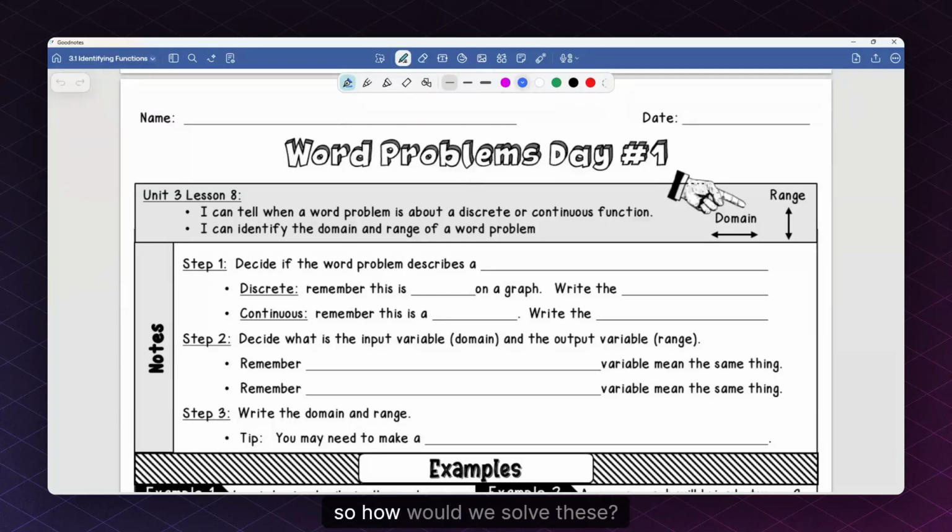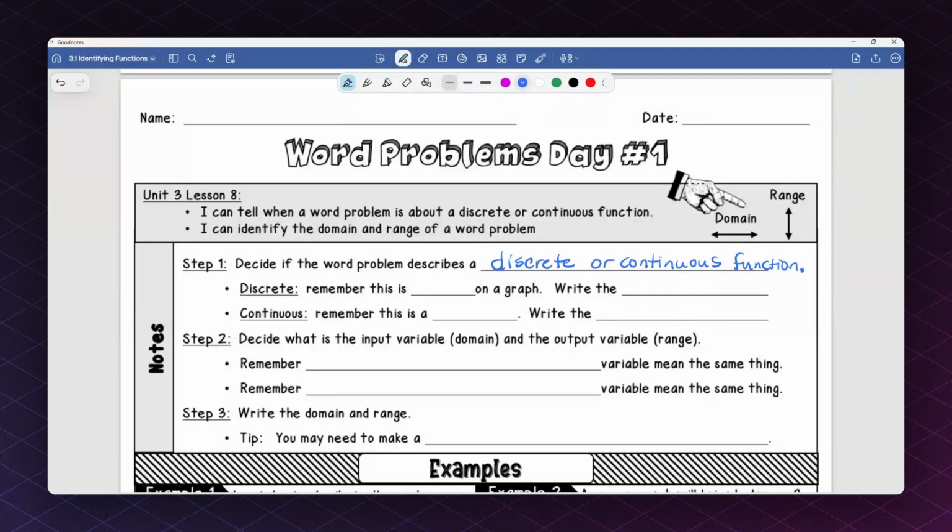Okay, so how would we solve these? Well, step one, you got to decide if the word problem describes a discrete or continuous function.